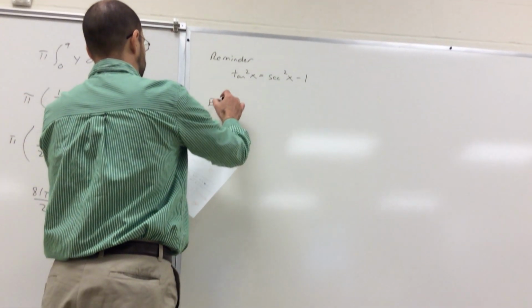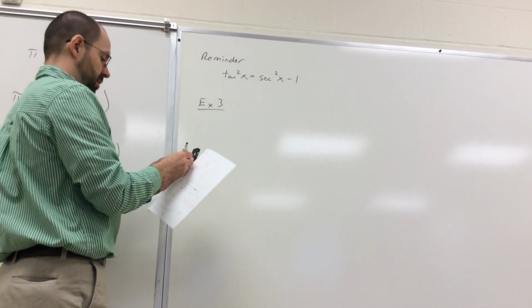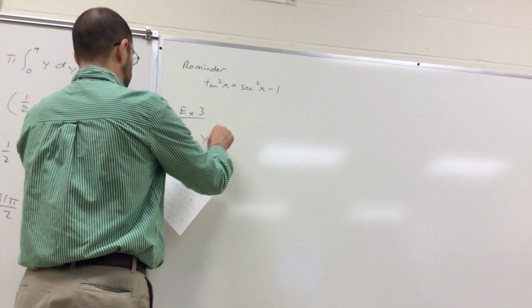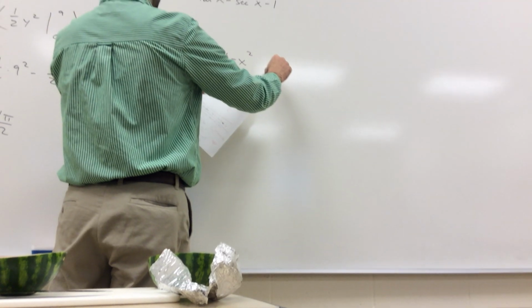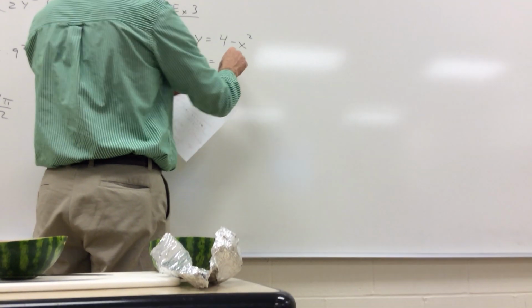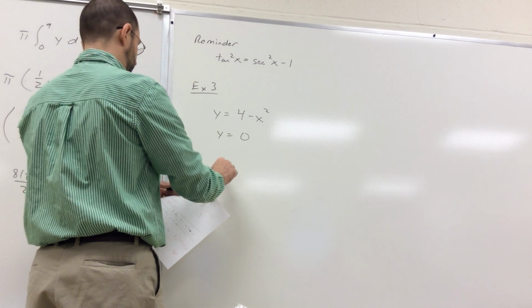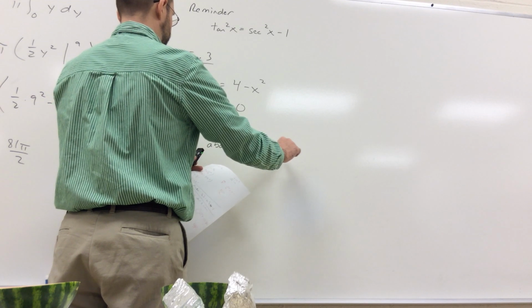Okay, so now moving on to example 3. We're going to do y equals 4 minus x squared, y equals 0, and we're going to revolve about the x-axis.